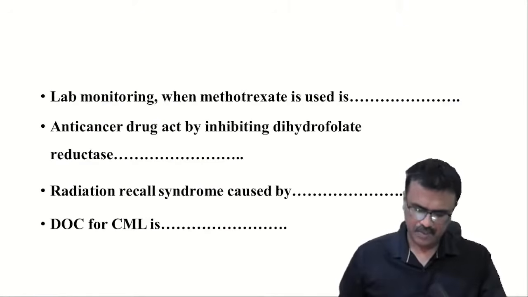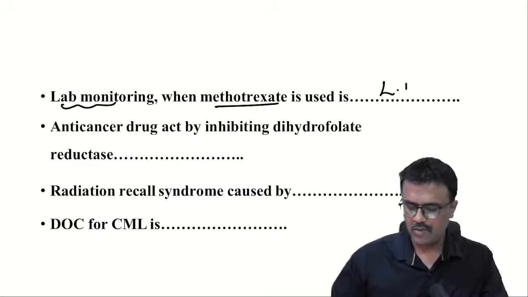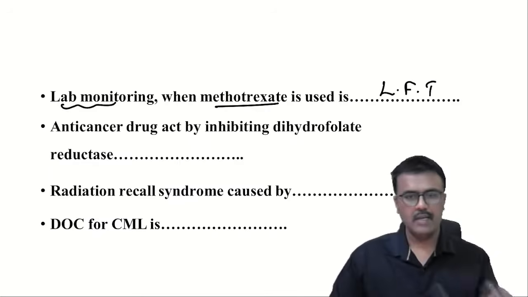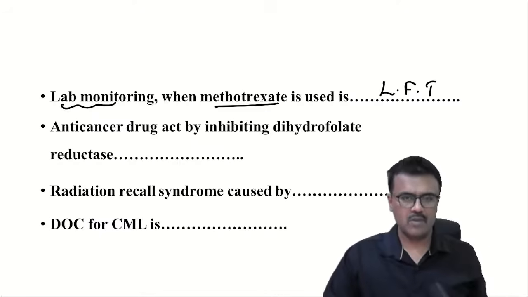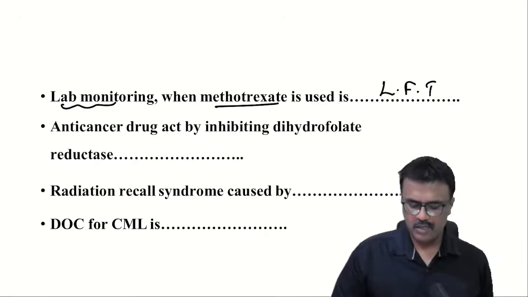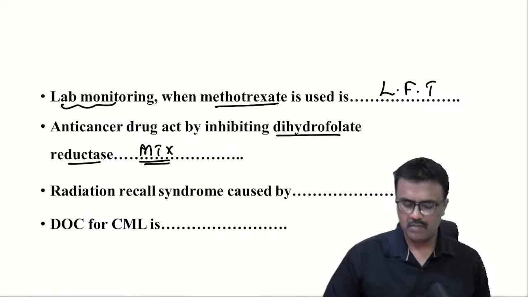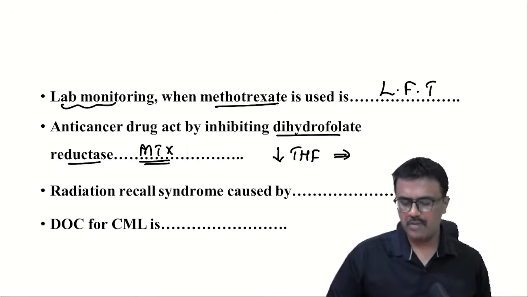Yes. What is the lab monitoring when methotrexate is used? We need to do LFT because methotrexate is hepatotoxic. Which anti-cancer drug inhibits dihydrofolate reductase? It is methotrexate. Remember, when we use methotrexate, dihydrofolate reductase is inhibited. So what is not formed? There is a decrease in tetrahydrofolate. What happens if you decrease tetrahydrofolate?